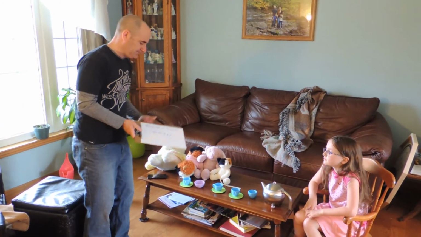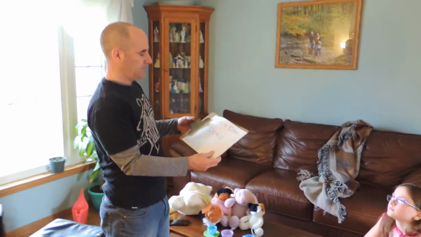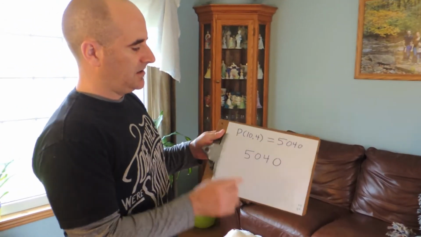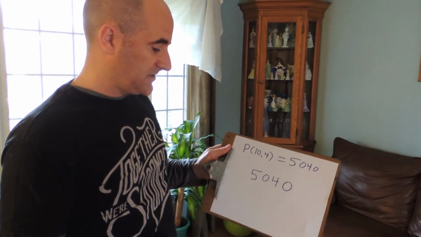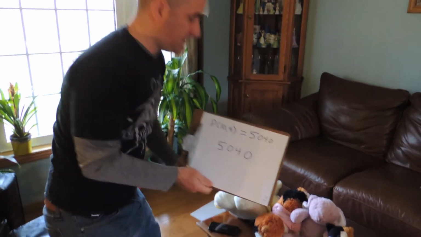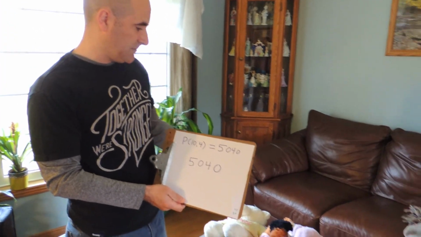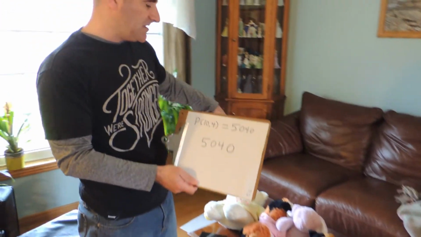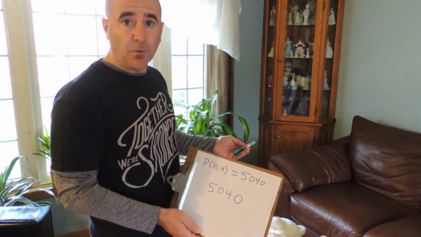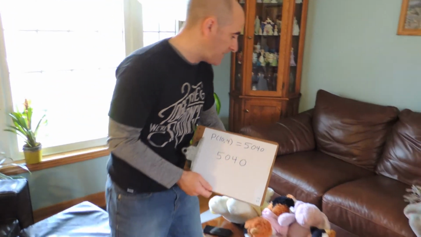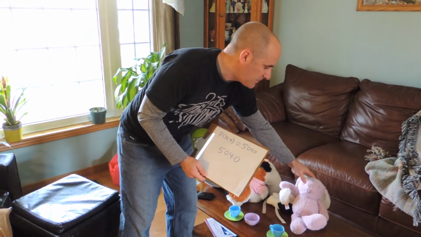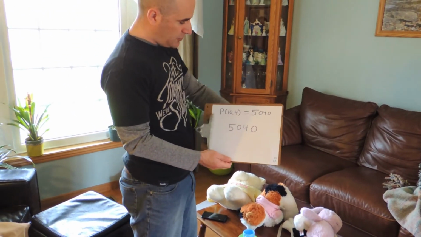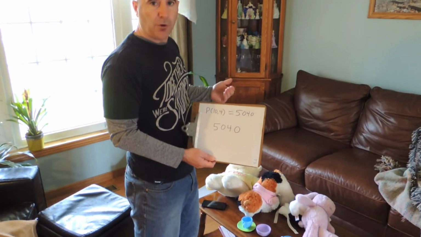Well, take a look here. We've already said that the number of ways to line up 4 stuffed animals out of 10 is 5,040. So imagine I've got my 4 stuffed animals here. How many ways can I arrange them? 4 factorial. There are 4 factorial arrangements of these 4 stuffed animals. So the 5,040 number we came up with includes all the arrangements of the 4 animals.